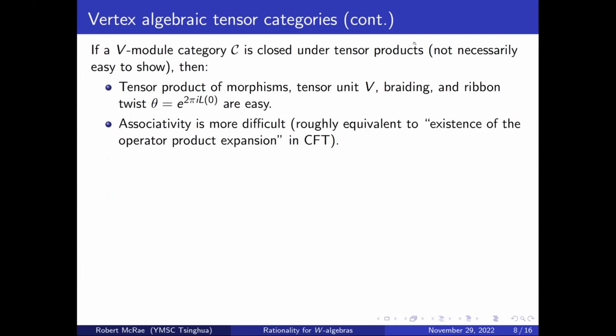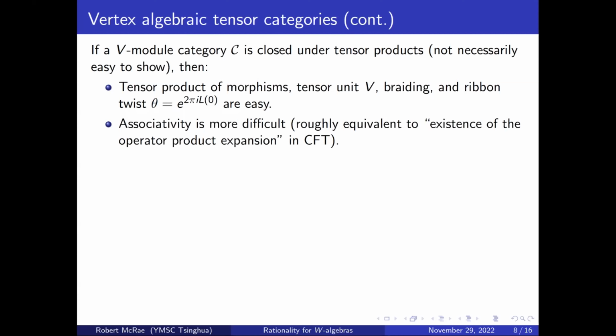But if you can show that the tensor product objects do exist, then it's easy to construct tensor products of homomorphisms. It's easy to show that the VOA itself is a unit with respect to this tensor product, and that this tensor product is commutative. There's this ribbon twist that you get by exponentiating L0.